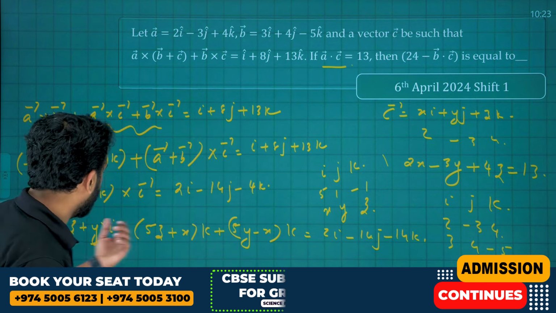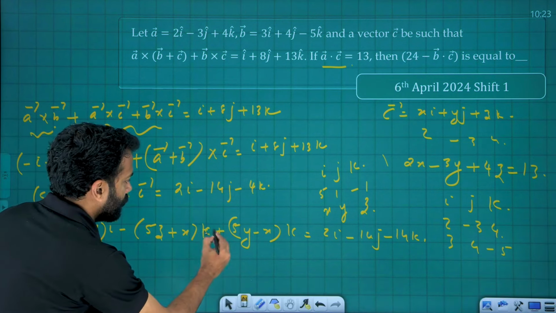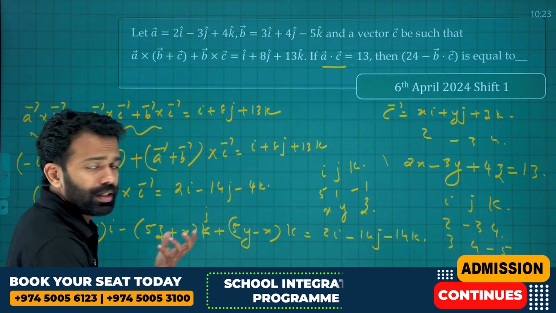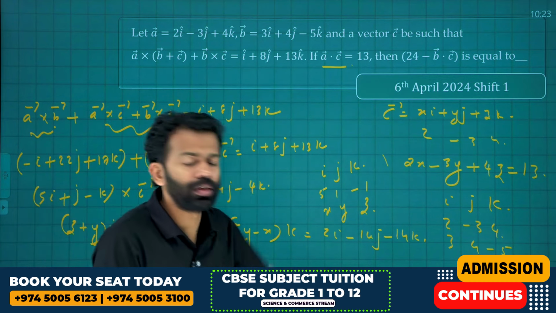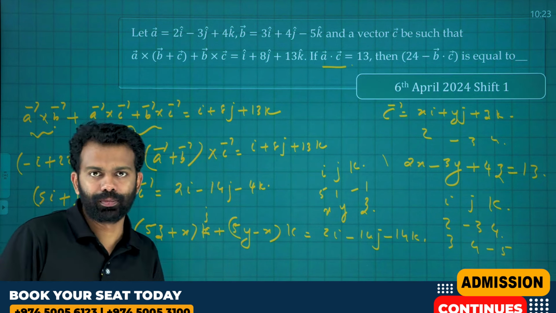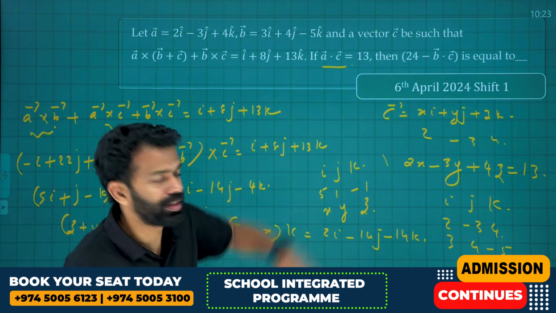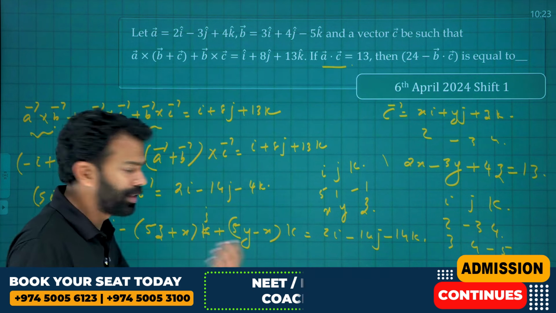If you compare the coefficients of i, j and k here, you will get equations in x, y and z, and along with the earlier equation you will get the final result. You will get the values of x, y and z, and eventually vector B dot vector C also.